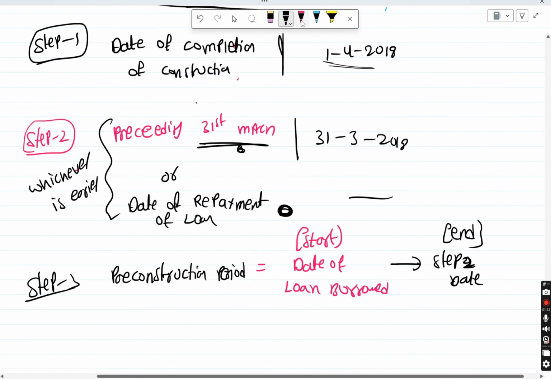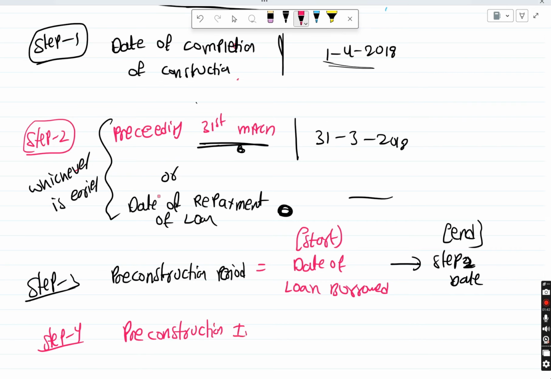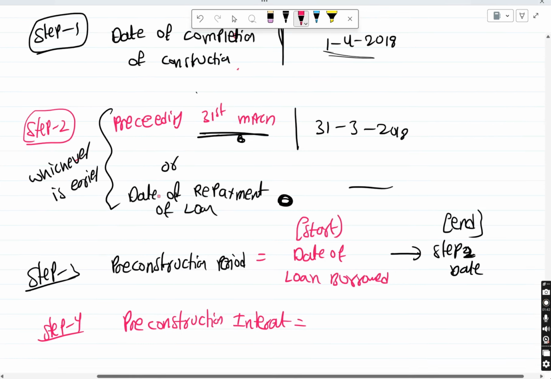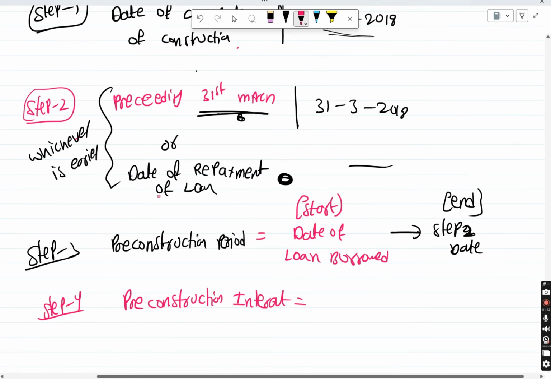Then step 4. This is easy. You'll find out the pre-construction interest. You apply the percentage, whatever it is. Let's just say if it is 10 lakhs into 10%, then 1 lakh is the pre-construction interest.